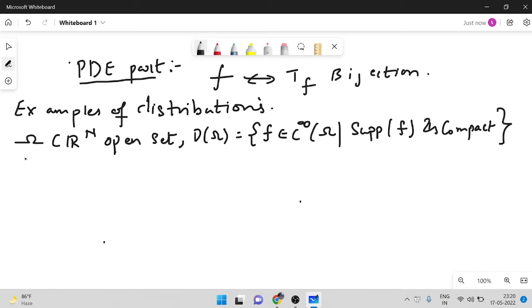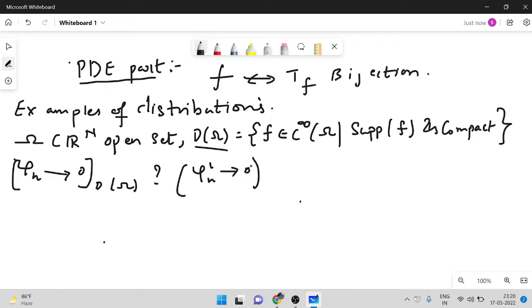Convergence in the topology that we have defined on d of omega: if phi n converges to 0 in d of omega, what does it mean? It means that all the derivatives of phi n should uniformly converge to 0. This is what convergence means in this particular space.